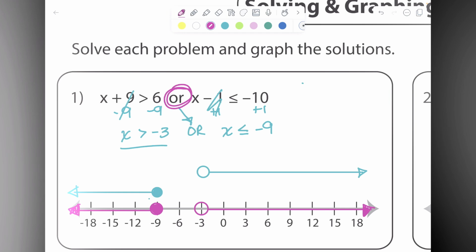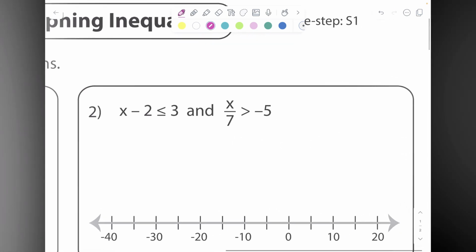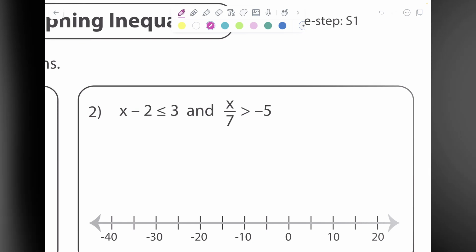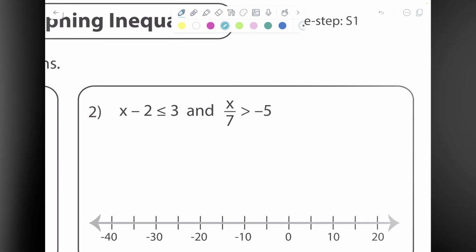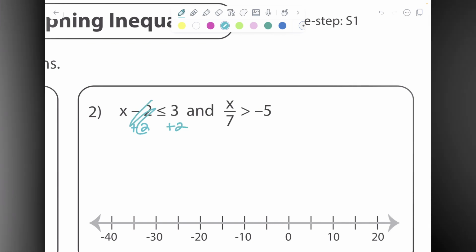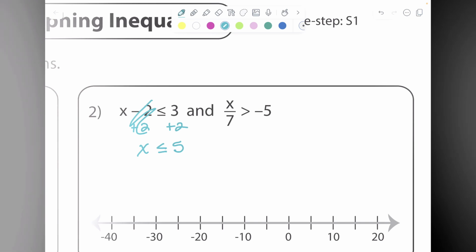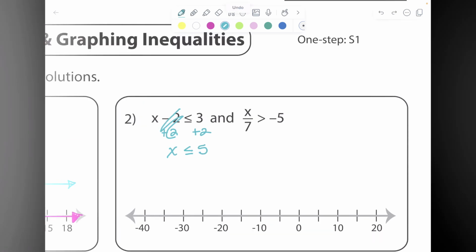The next one is going to be an AND statement, which you guys remember is an intersection. So we're going to solve the two separate problems. We're going to add 2, which gets rid of that minus 2. We still have the word "and."